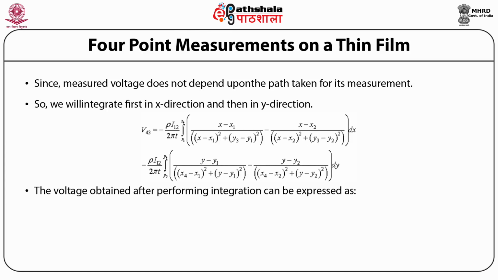The voltage obtained after performing the integration can be expressed as V43 equals ρ I12 divided by 4πt times (L31 minus L32 minus L41 plus L42). Here Lmn equals ln of ((xm minus xn) squared plus (ym minus yn) squared).